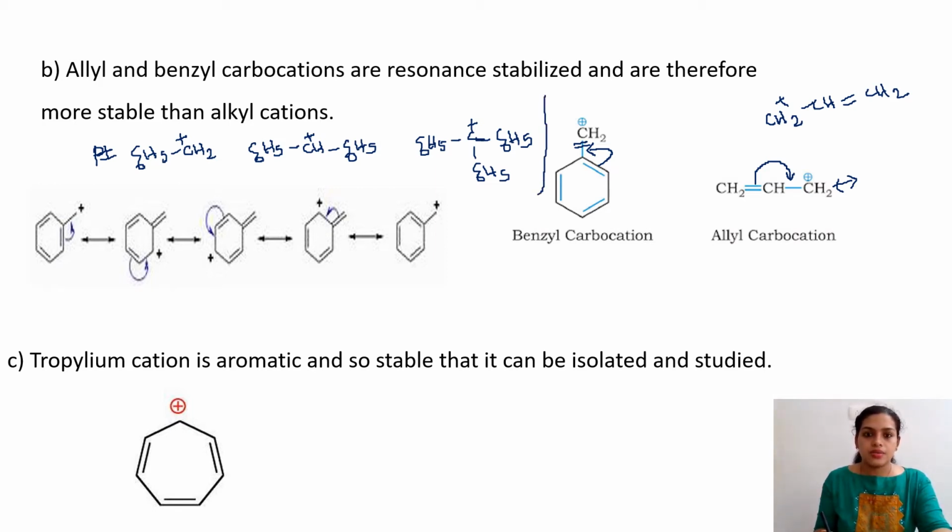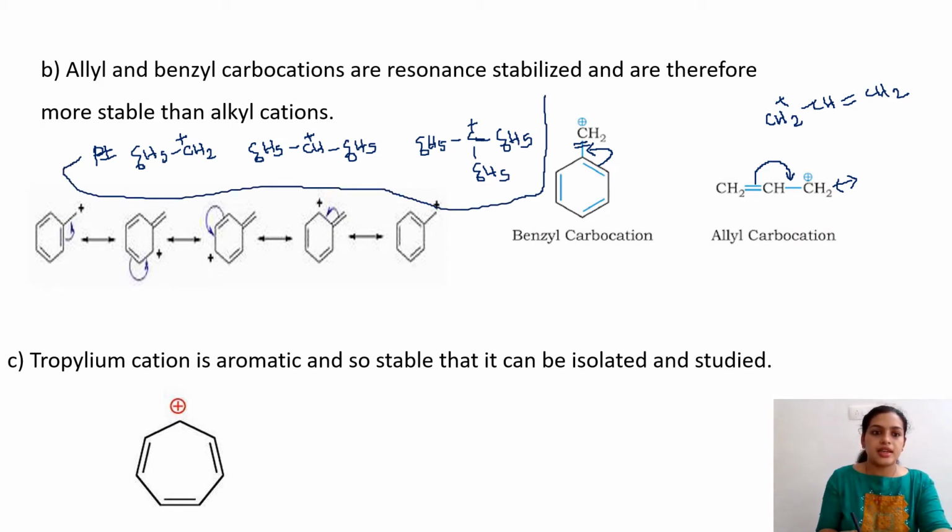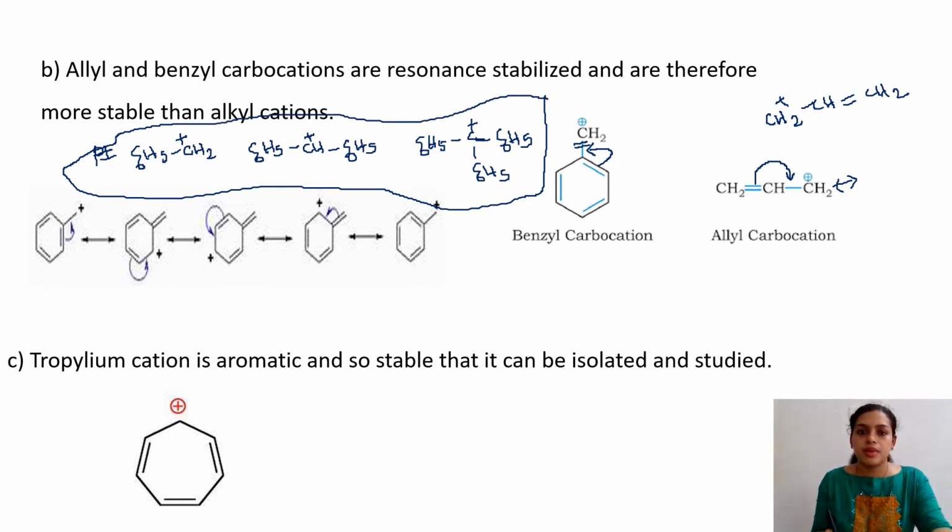Now predict which will be more stable. If you are comparing these three, which will be more stable? Obviously the triphenyl methyl carbocation will be more stable. Then comes diphenyl methyl, then comes benzyl.